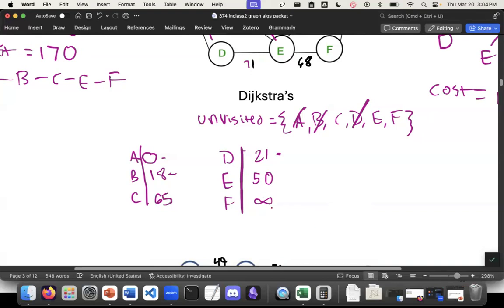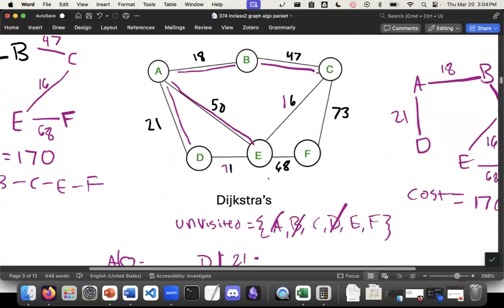Okay, so now when we're looking at between C or E, or technically F, now we have to choose E because E is the smallest. So we choose E. Now we can reach C from E. So we have to ask, is 50 plus 16 less than 18 plus 47?